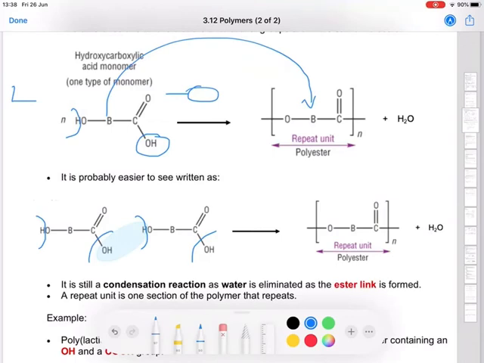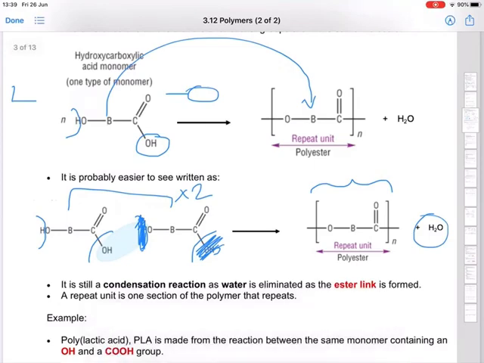Okay, so our repeat unit would be this twice, but the repeat unit is the single repeating structure within the molecule. So we just simplify as one of them with the hook at one end taken off there, and the hoop at one end and the hook at the other end taken off, which gives us this, which is our repeat unit. It is still a condensation reaction because we're still eliminating water.